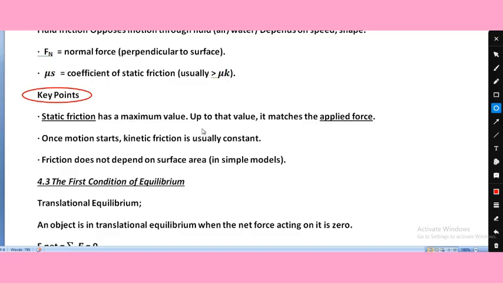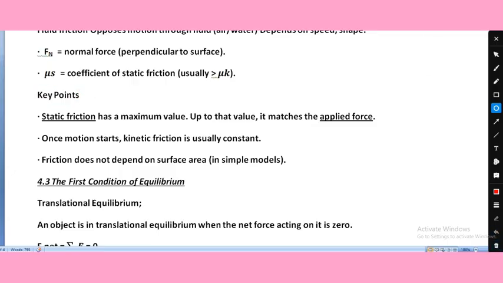The point to know here is that static friction has a maximum value, up to where it matches the applied force. Once motion starts, kinetic friction is usually constant. Friction does not depend on the surface area. The other thing we have to know here is equilibrium.